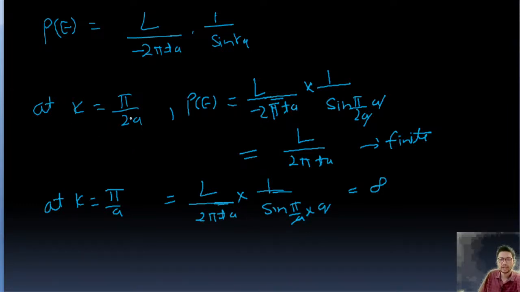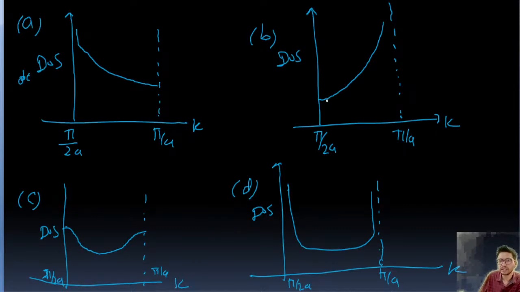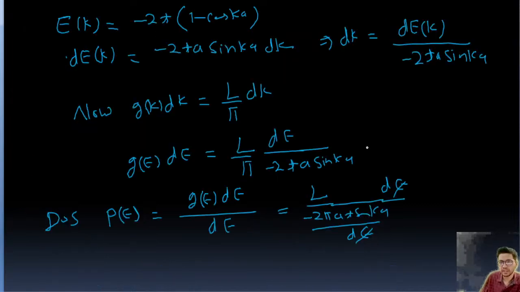So at k equal to pi by 2, the density of state is finite. At k equal to pi by a, density of state is, you can see, infinite. So which graph is matching, you can check. If you check this graph, at k equal to pi by 2a, we can see it's a finite value, right?